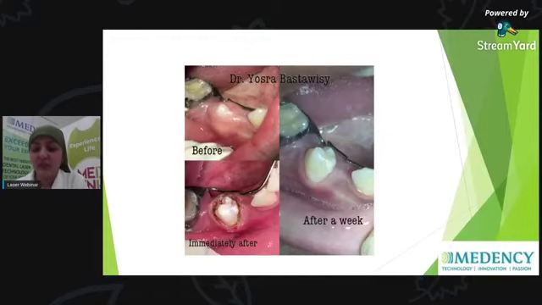This is immediately after, and for sure I didn't use any anesthesia, only topical anesthesia. You have to understand your patient, and you have to know how to set your parameters so as not to do anything wrong while working, and also the pain threshold of the patient is very important. So here's after 1 week, it's perfect and completely healed.